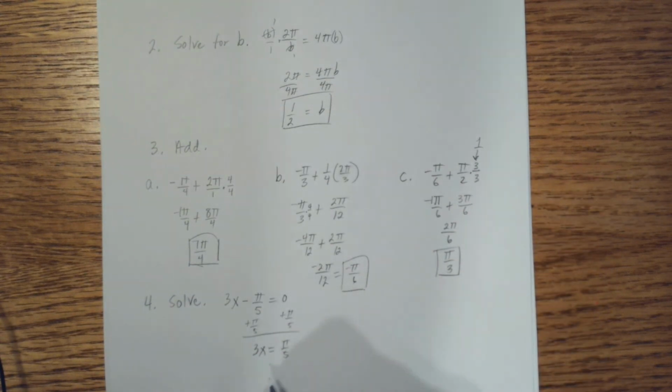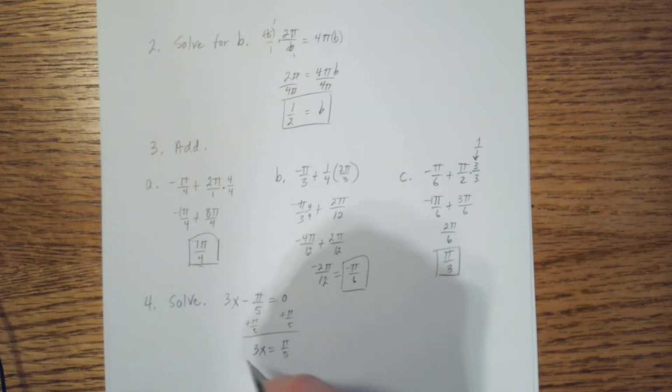Now, there's two ways to think of this. You could divide both sides by 3. But if I divide a fraction by 3, I'm going to end up multiplying by the reciprocal. Another way to do this is just think about multiplying by the reciprocal of 3, which is 1/3.